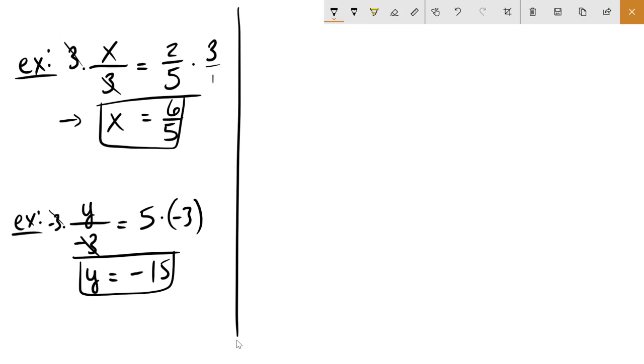The one scenario that gets a little weird, but you can handle it, is let's say it was like 2/3 x equals 1/2 or something like that. So an equation like that, how would you handle that?